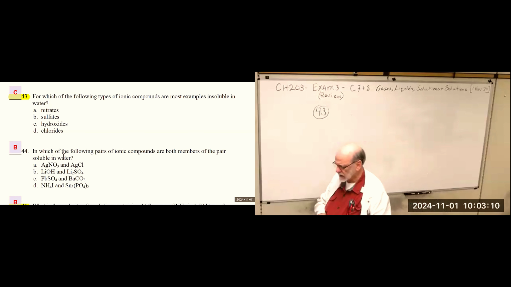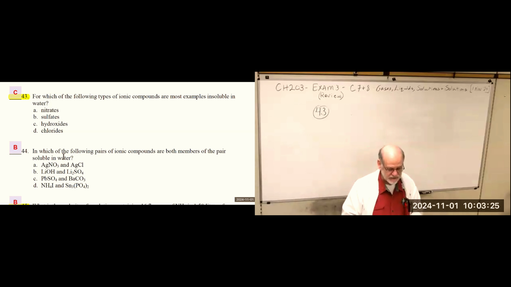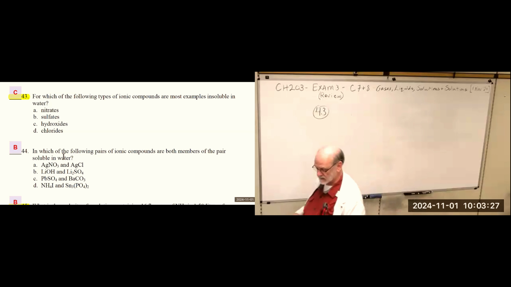Let's see. You'll have a periodic table and the solubility chart will be in the test. So you can just look at the solubility chart and look at the nitrates. Find the nitrates on the left-hand side and go across there. They're all clear. All nitrates are soluble.